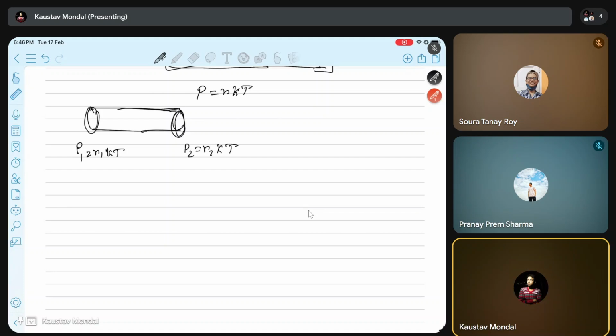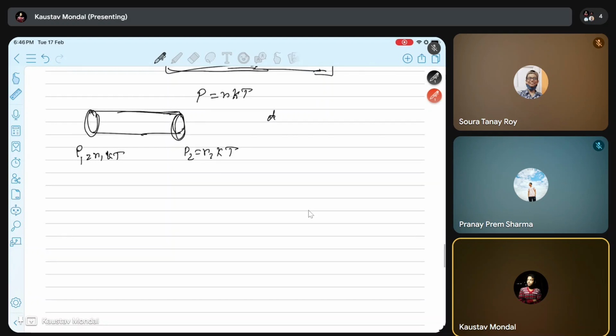The concentration difference is similarly given by dn/dx. Let's suppose this is the x direction, the concentration here is N2, here is N1. So dn/dx is equal to N2 minus N1 by r, where r is the small separation.